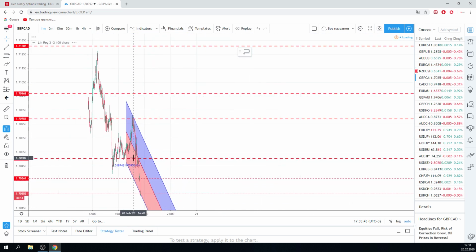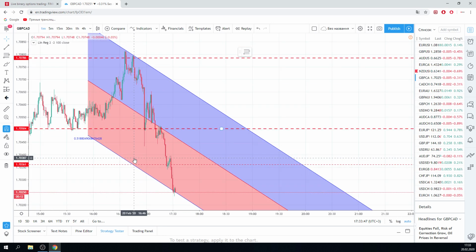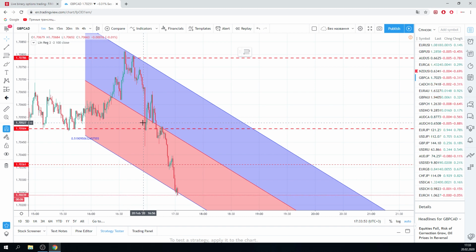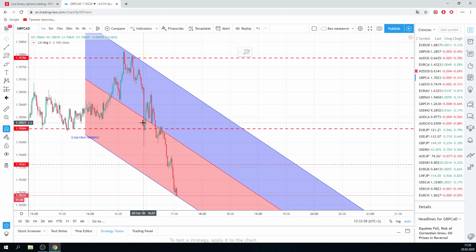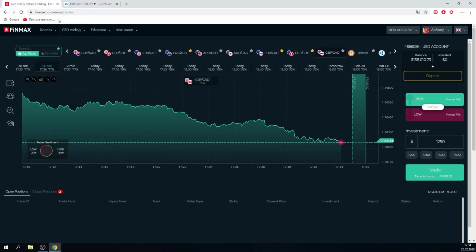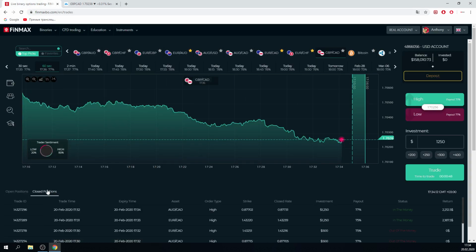Okay guys, so what we do have here is a pretty interesting situation. The different levels appear. Okay guys, GBP Canadian dollar. Let us go back to see whether.